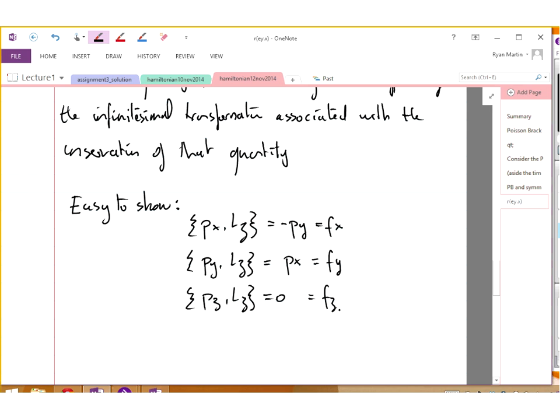And so then it gives really how all the coordinates transform under the transformation that leads to that particular quantity being conserved.